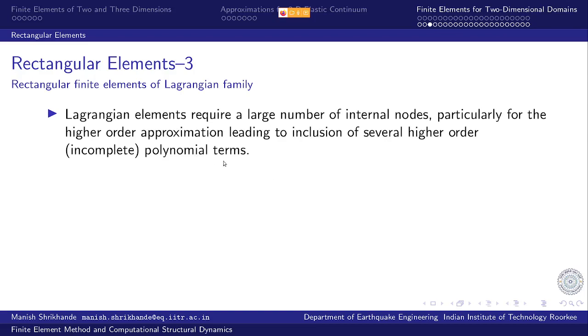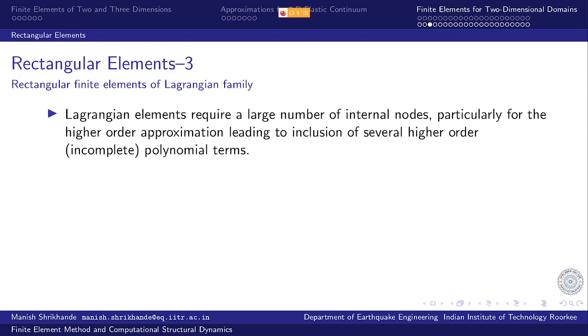So for higher order approximation, they would require a very large number of incomplete polynomial terms, because there are a large number of internal nodes. So we need to include a larger number of higher order terms which do not contribute towards the accuracy of the solution. They are actually polluting the solution, and as we saw in the interpolation of Runge's function, higher degree interpolation does not necessarily solve the problem.